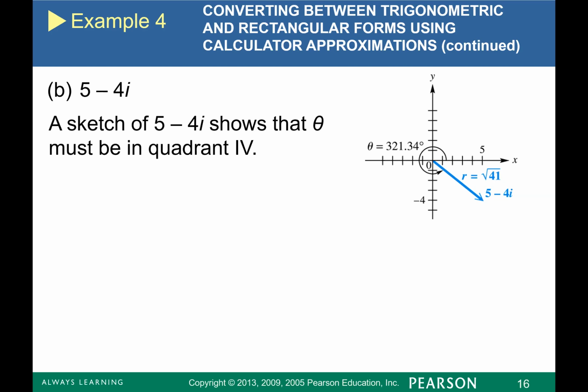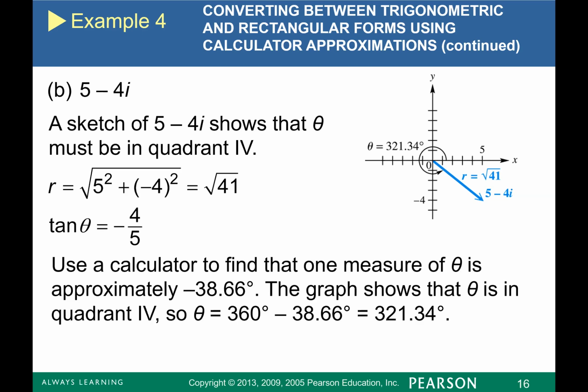So arctangent of negative 4 over 5. We're fortunate, it gives us a fourth quadrant angle. So all we have to do is add 360 to make it positive. Yep, add 360, and then the angle is 321 point something.